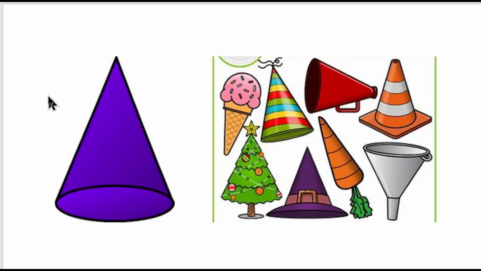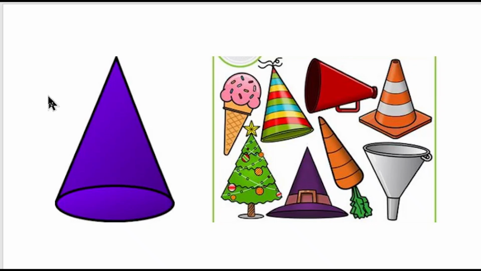And if you break an egg in half, one half will be a cone, the one with the pointed end. Put the shell down, it will be more or less like a cone.